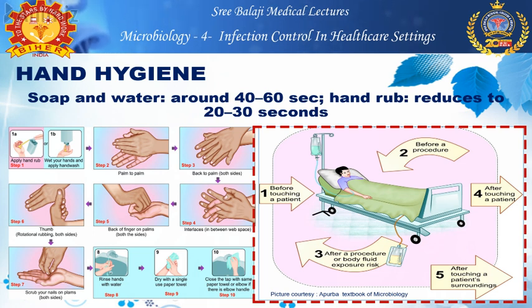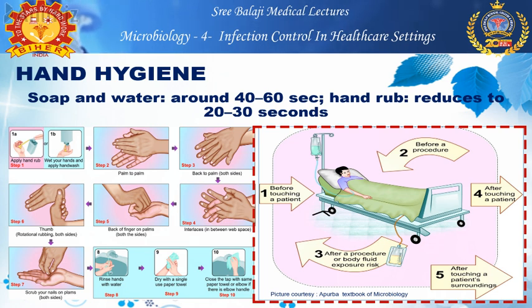appropriately. And then the third moment is after the procedure, or if you have undergone a body fluid exposure risk, then you have to go in for a hand wash. And the fourth moment is after touching a patient. So if you have touched a patient, then you have to go in for a hand wash immediately.